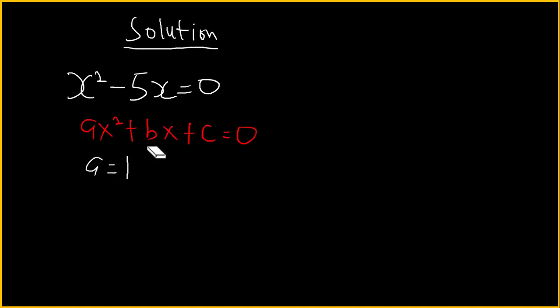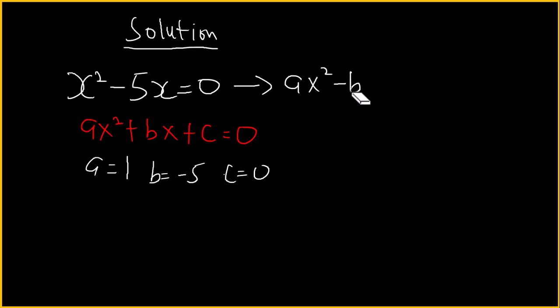Our b is the coefficient of x, which is -5. And from here there is no c, so c would be 0. So equations of these kinds are of the form ax² minus bx equals 0, where c is not given. So where c is not given, how do we solve?